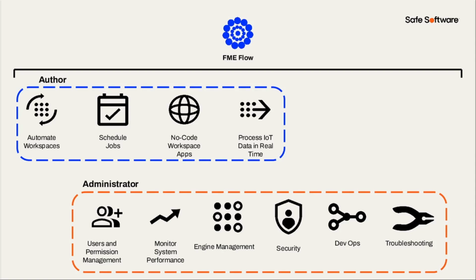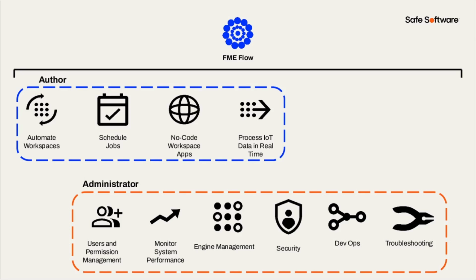The author is the person who creates the workspace, maybe creates the automation, maybe creates the workspace app, deals with streams or schedules. And then the administrator comes in, and the administrator has a whole bunch of tasks to do that relate to that author task. So the user permissions, monitoring the system, engine management, security, DevOps, and troubleshooting.